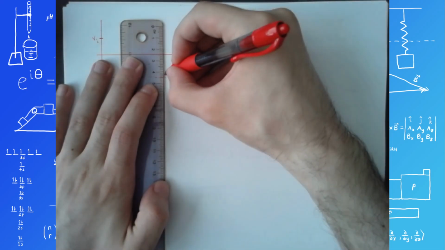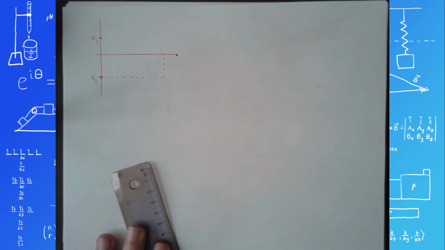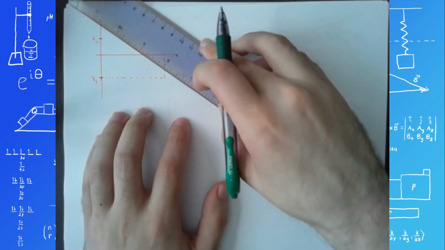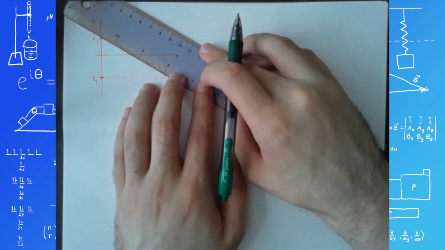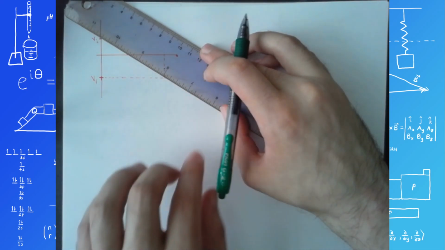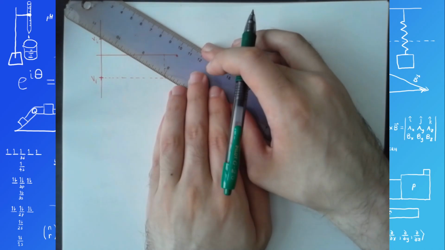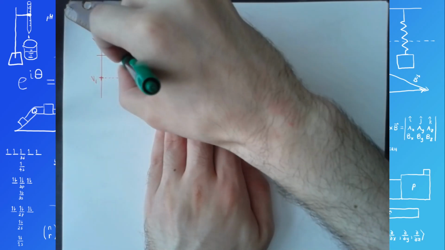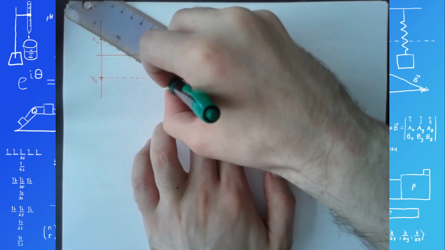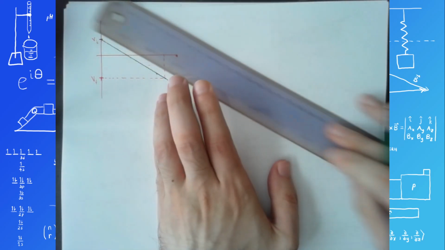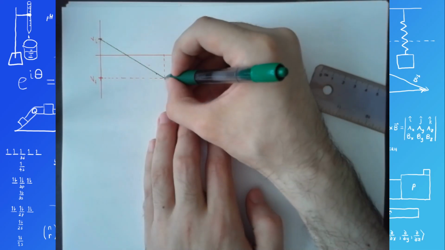Oh, wait, actually I don't need to draw the rest of that. I can just draw a line connecting these two. Wait, I should just draw it as a straight line. What am I doing? Why was I doing dotted lines there for a minute? Okay.